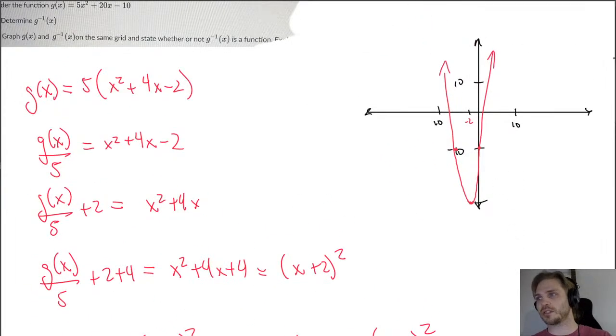Then you take this thing and you put the line y equals x here. All right, that's the line y equals x. Then you just reflect everything across that. So it's going to look crazy.